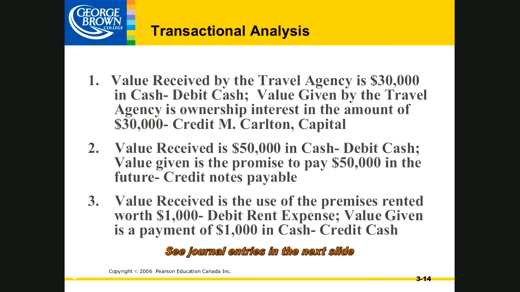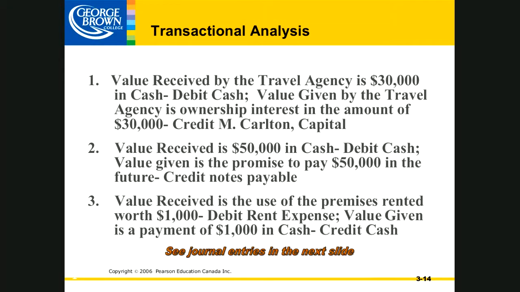Because cash is increasing and cash is an asset, we debit the cash account by $50,000. Because our bank loan is a liability account and it's increasing, we credit our bank loan account, or in this case, credit notes payable, by $50,000. Also notice that we are debiting and crediting accounts by $50,000, which means our debits and credits are equal. They must always be equal.